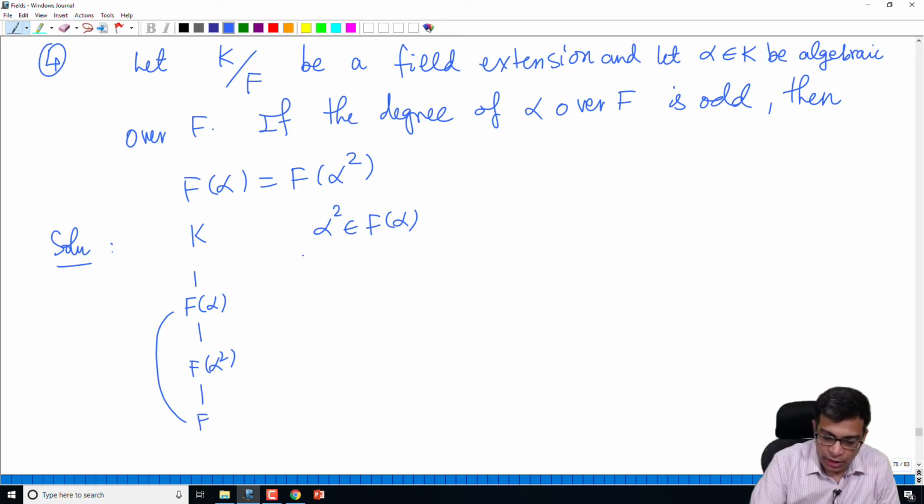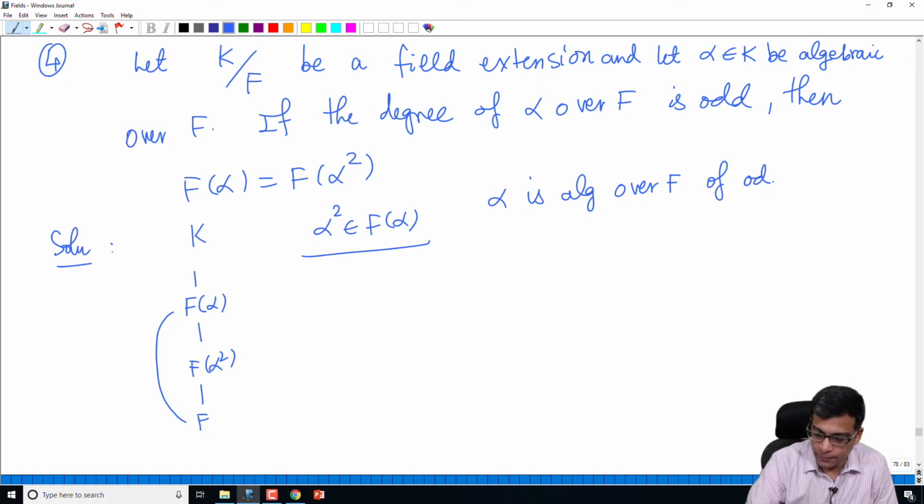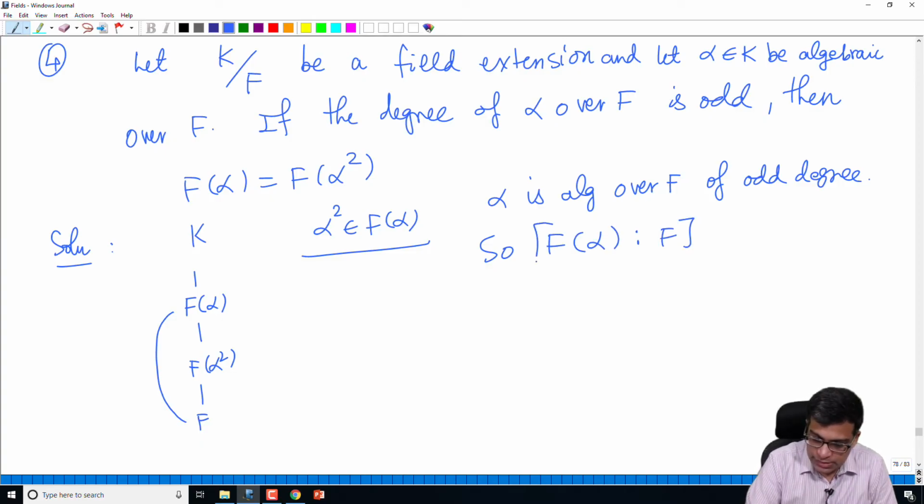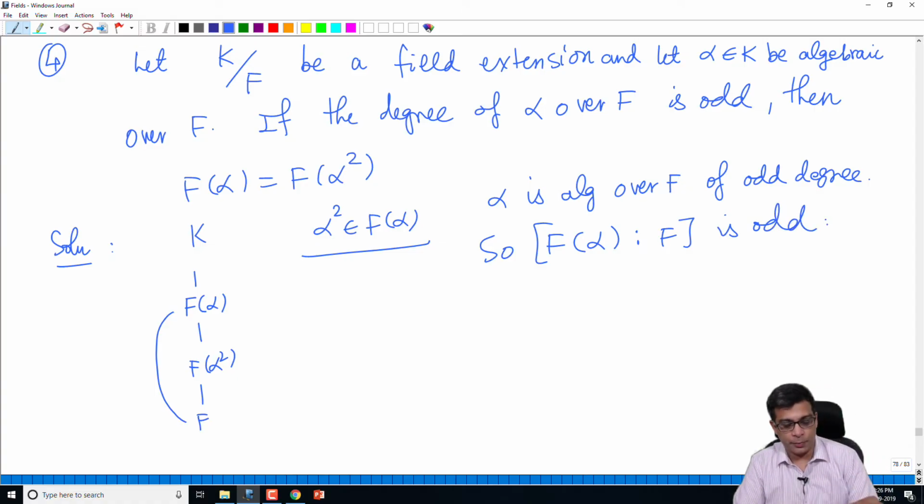We know that alpha is algebraic over F of odd degree. So [F(alpha):F] is odd, right? Because again, remember, the degree of an algebraic extension generated by a single element alpha is equal to the degree of the element itself. So this is odd.